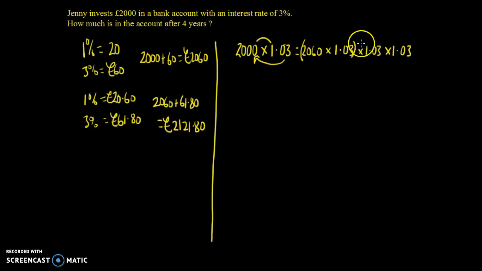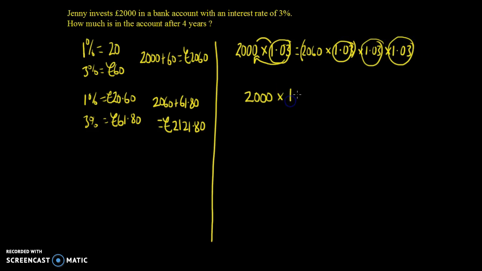Now, this is a little bit messy, so I'm going to write this in a format that's a bit neater. So if we start with our original amount, that's the 2,000, how many 1.03s have we multiplied by? We've got 1, 2, 3, and 4.